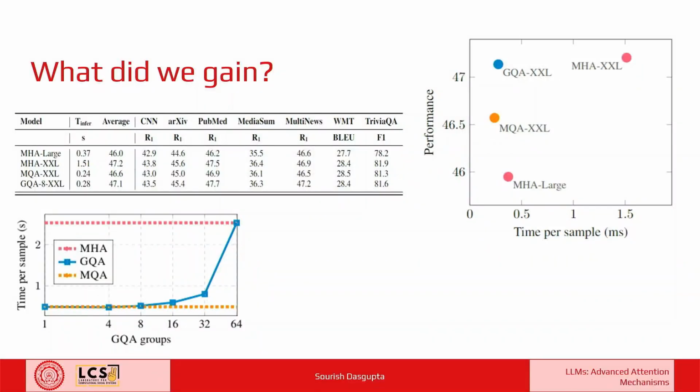So that was the idea. And what we saw was they ran it over some NLP tasks on different datasets, like CNN, ArXiv, PubMed, these were summarization tasks, and Multi-News as well, a multi-document summarization task, then WMT, the machine translation task, and TriviaQA, a question answering task.